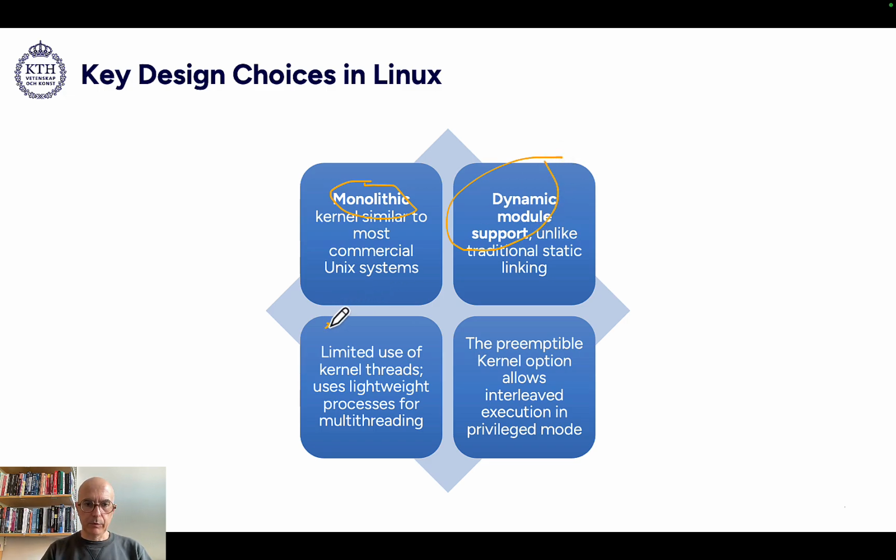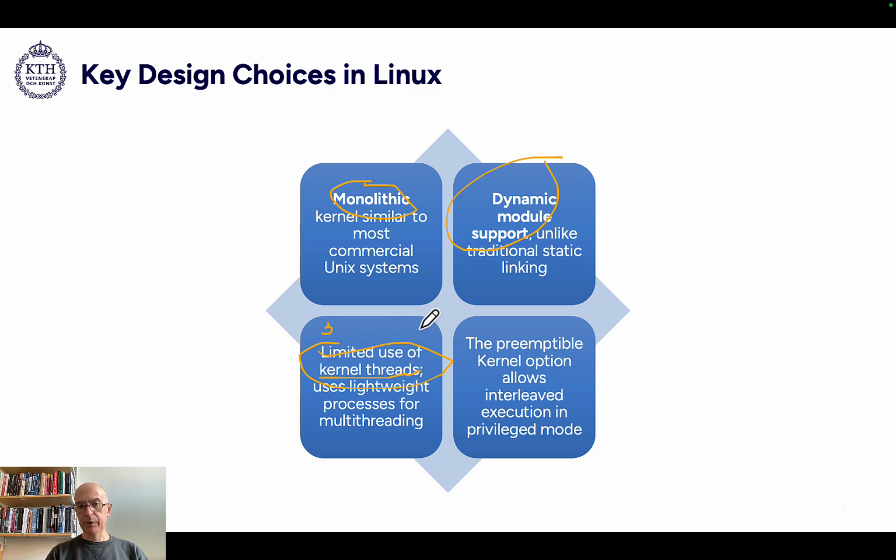A third major feature of Linux is the limited use of kernel threads. In Linux, we use lightweight processes for multi-threading. Don't worry, we are going back to the concept of kernel threads, so just bear with me. But this is one of the design choices: the limited usage of kernel threads.